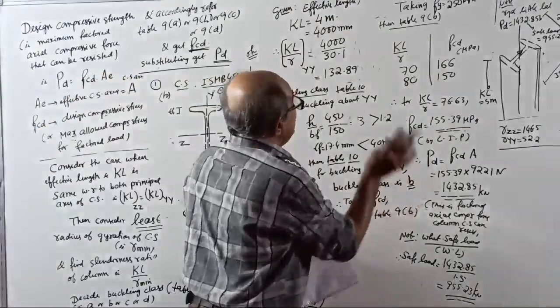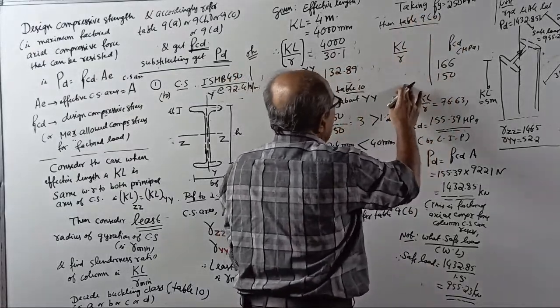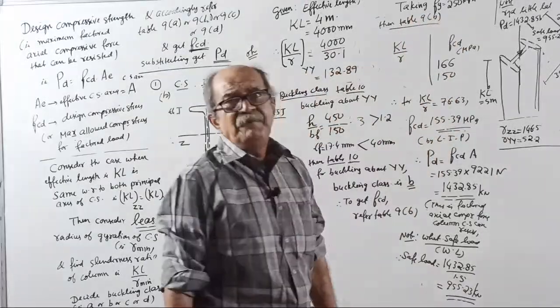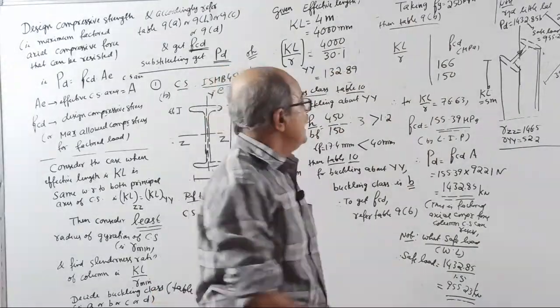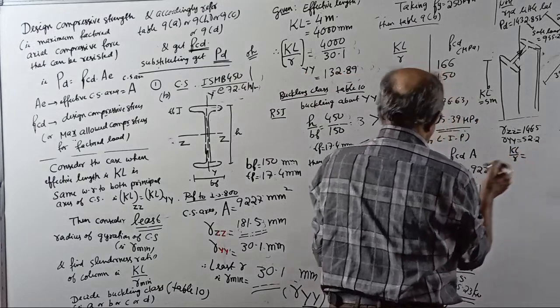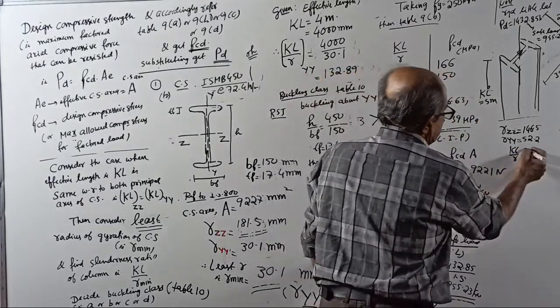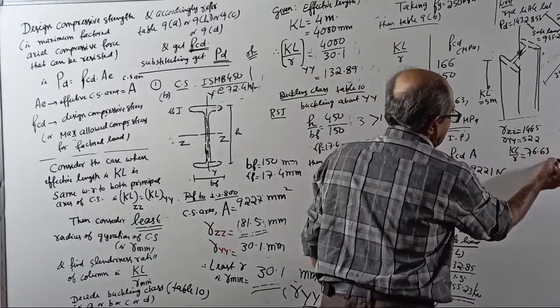Therefore, table 9B. Your KL by R last time became between 70 and 80. Last time your KL by R came 76.63.